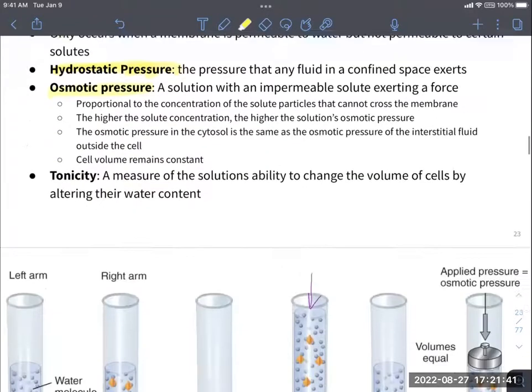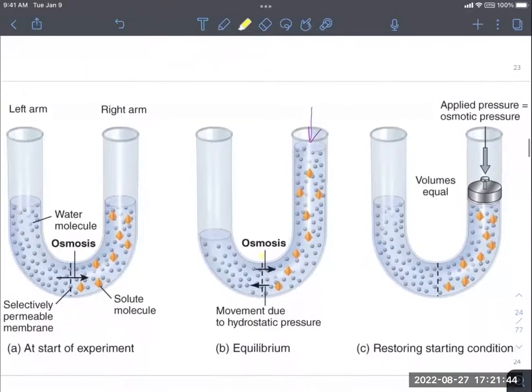So let's look at this. Here we have a semi-permeable membrane, or selectively permeable membrane. We have water on one side, and on the other side, we have water with some kind of solute. Water passes through the semi-permeable membrane. Because of the hydrostatic pressure, water actually travels from one side to the other.